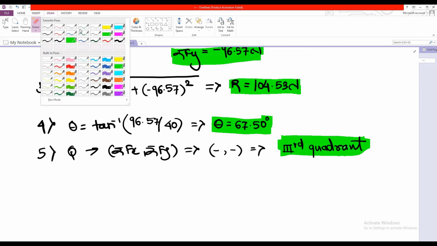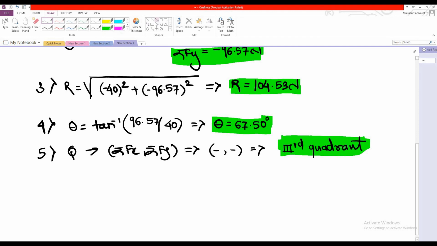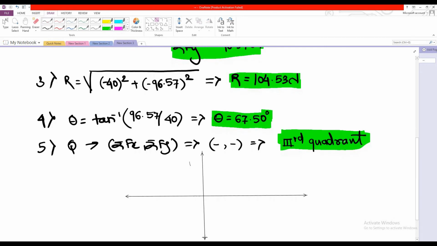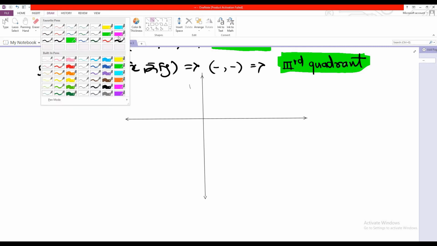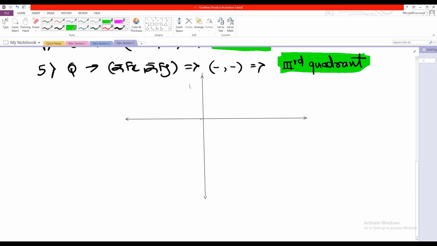Let's try thin pen, then we will have xy axis. Okay, this is x axis, all right. Then again y axis. Okay, all right. Now the resultant. Okay, let's choose a thick one. Okay, this is resultant.